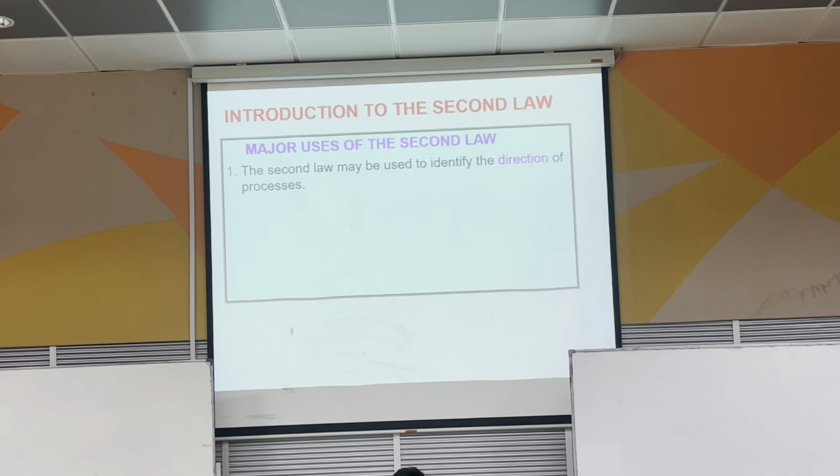Okay, so let's look at some definitions now. The first term here is called reservoir, or thermal energy reservoir. These are bodies with large thermal energy capacity that can supply or absorb heat with no noticeable change in temperature. The thermal energy capacity equation is just mass multiplied by specific heat.